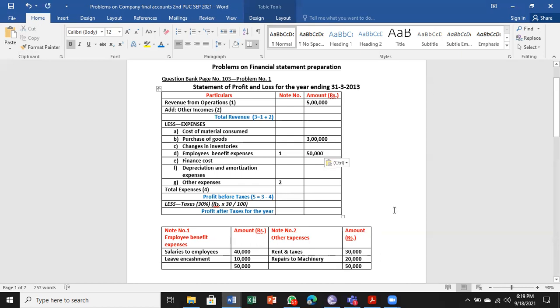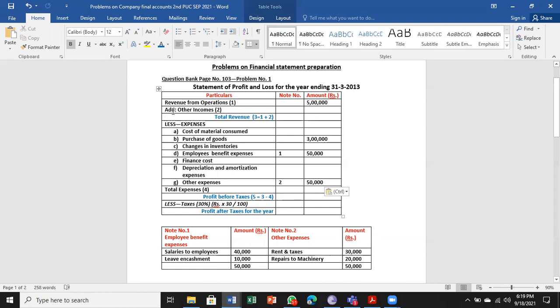I will take it to the main table. Other expenses also 50,000, I'll enter as 50,000. Now you can see we don't have cost of material consumed. We don't have change of inventory. We don't have finance cost. We don't have depreciation. So we need not enter anything there. We can just leave it as it is.